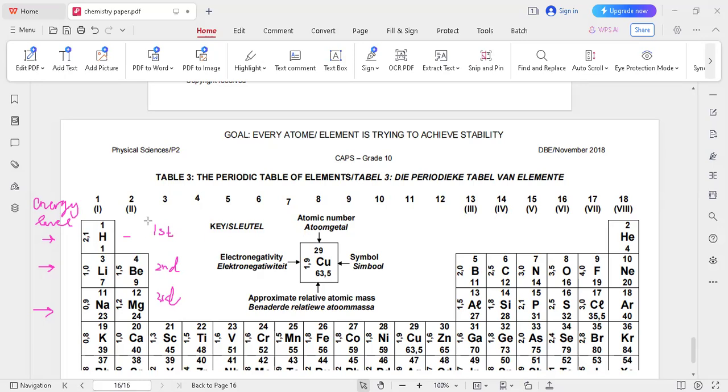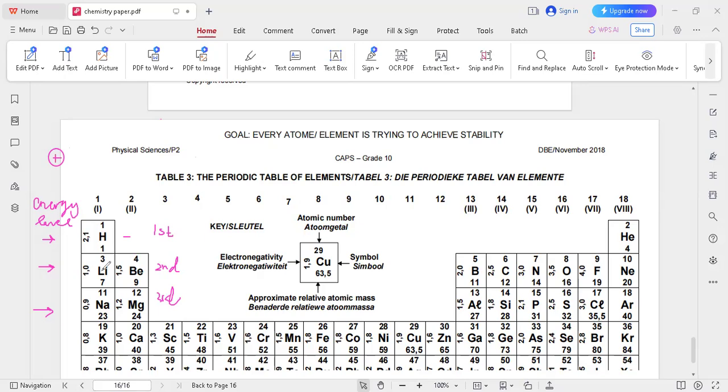Let's take lithium, for example. So lithium has a positive nucleus because it has protons and neutrons, and there are no electrons found in the nucleus. Okay, so it has a positive nucleus.